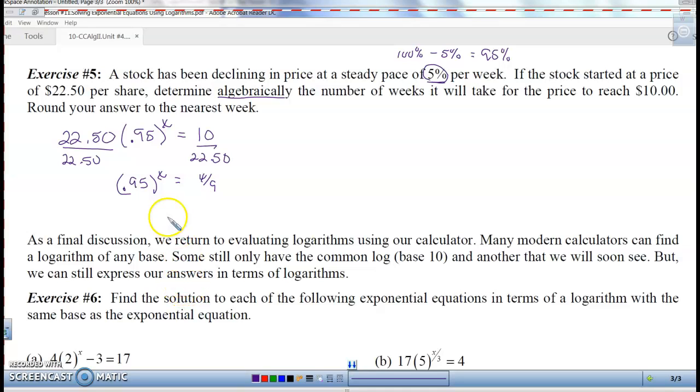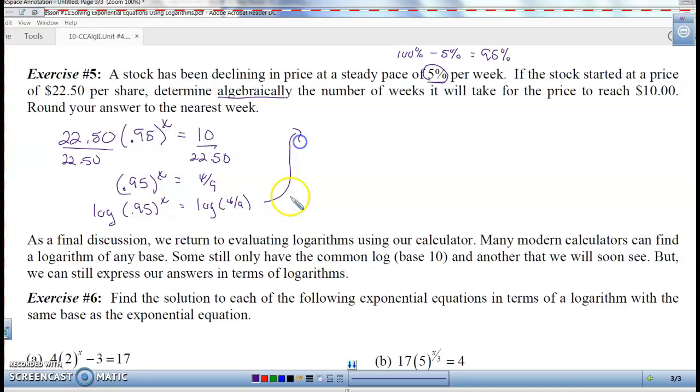Okay, now I've got the exponent by itself. I want to do a log of both sides. Log of 0.95 to the x is equal to, oh, log of 4/9, sorry, forgot the log part. Log of 4/9.